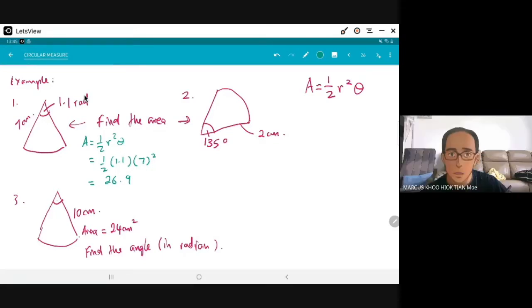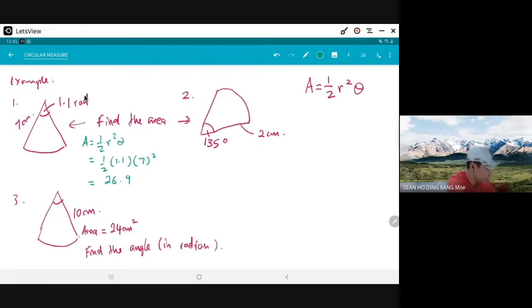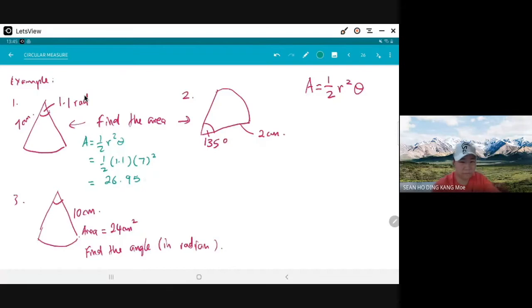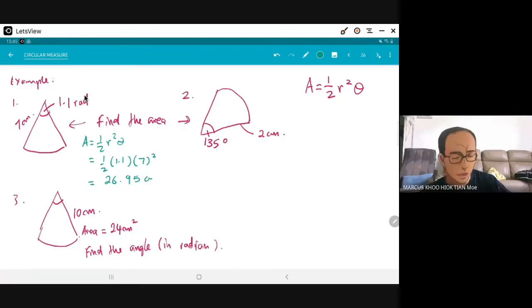Actually, I think there's only 2 decimals. Sorry, 26.95. Okay, don't forget the unit. 26.95 centimeters squared.